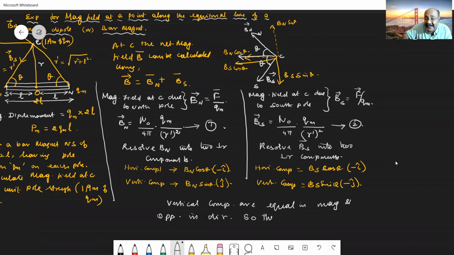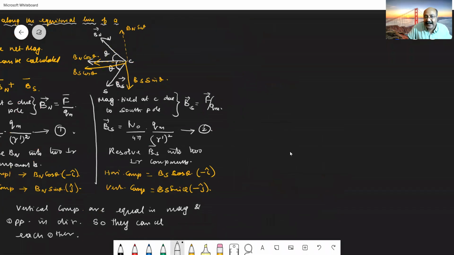So they cancel each other. The vertical component won't contribute to the resultant magnetic field. But the horizontal components are acting along the same direction, so the resultant magnetic field is the sum of the horizontal components. So the vertical components are cancelling each other.